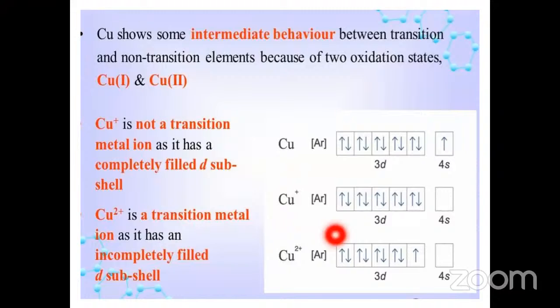Cu2+ is a transition metal ion because it has an incompletely filled d subshell. Now I hope you understood how to identify easily transition elements and d block elements.